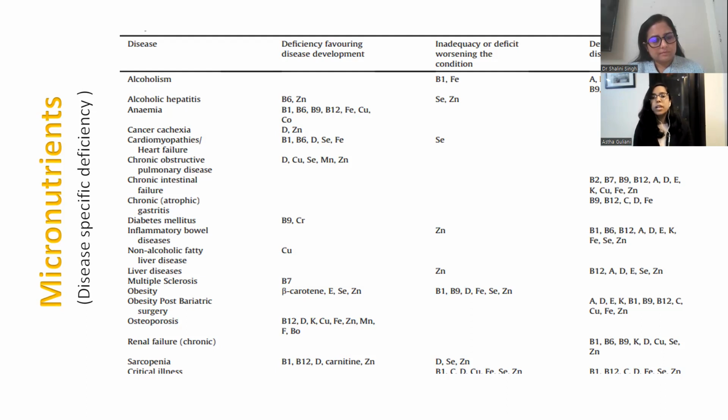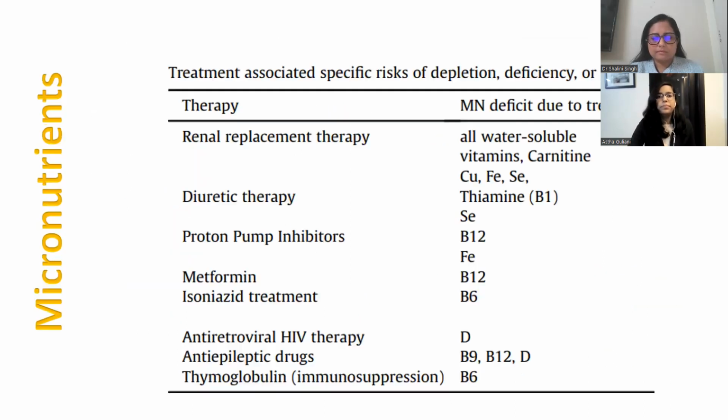COPD may get worsened because of vitamin D deficiency. Inflammatory bowel disease has chronic diarrhea, so that can result in zinc deficiency. Then obesity is also similar to alcoholic hepatitis. It can get worsened because of zinc deficiency, can also result in zinc deficiency, and so on and so forth, as given in the table.